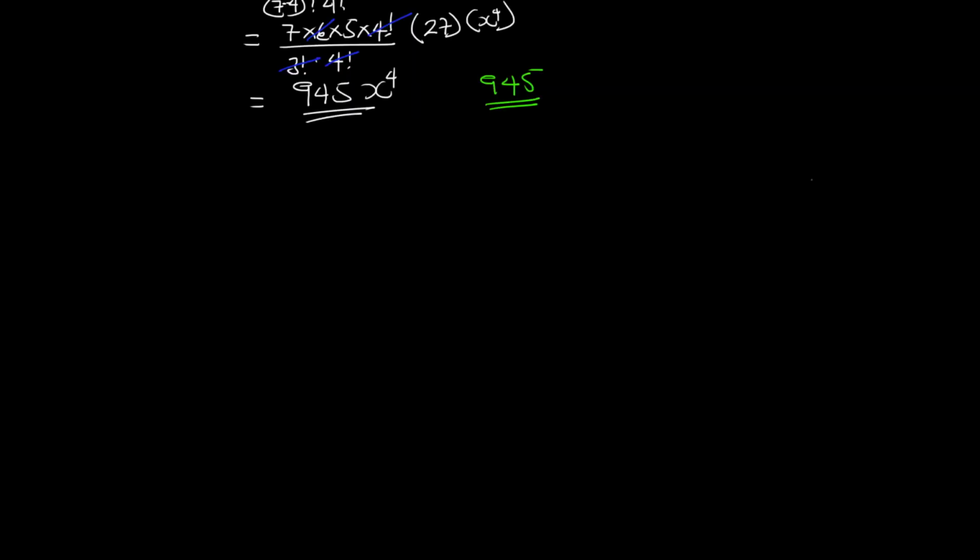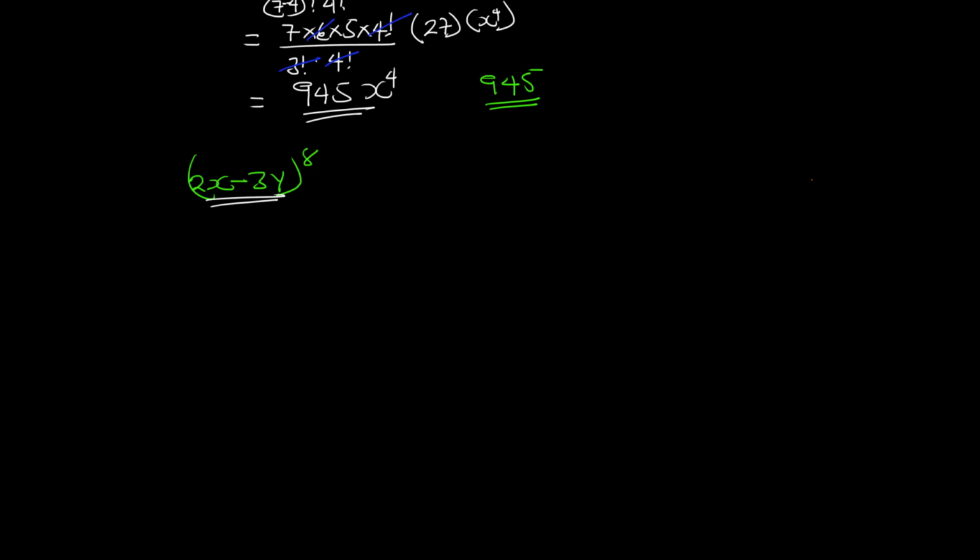As a second example, without fully expanding, find the sixth term of 2x minus 3y raised to the power 8. In this example, we are asked to find the sixth term in this binomial expansion.